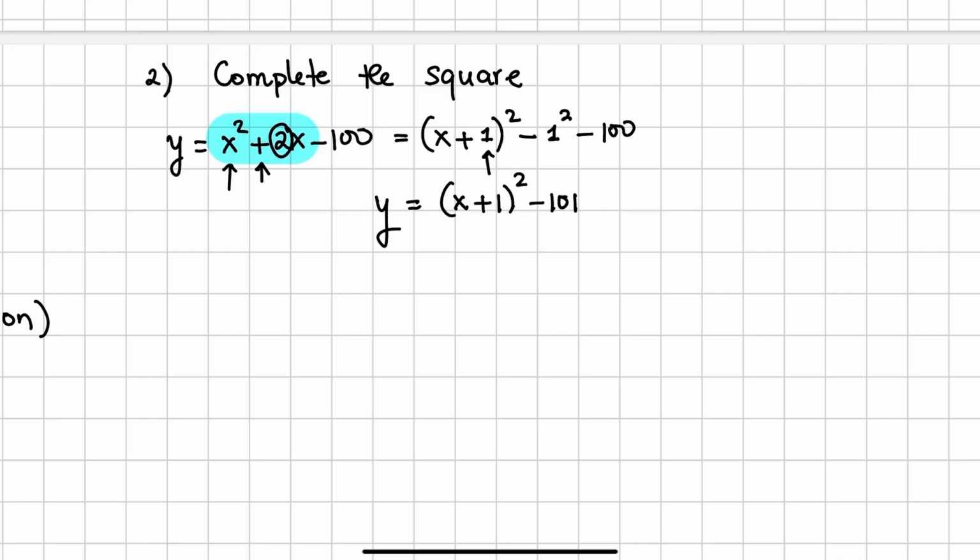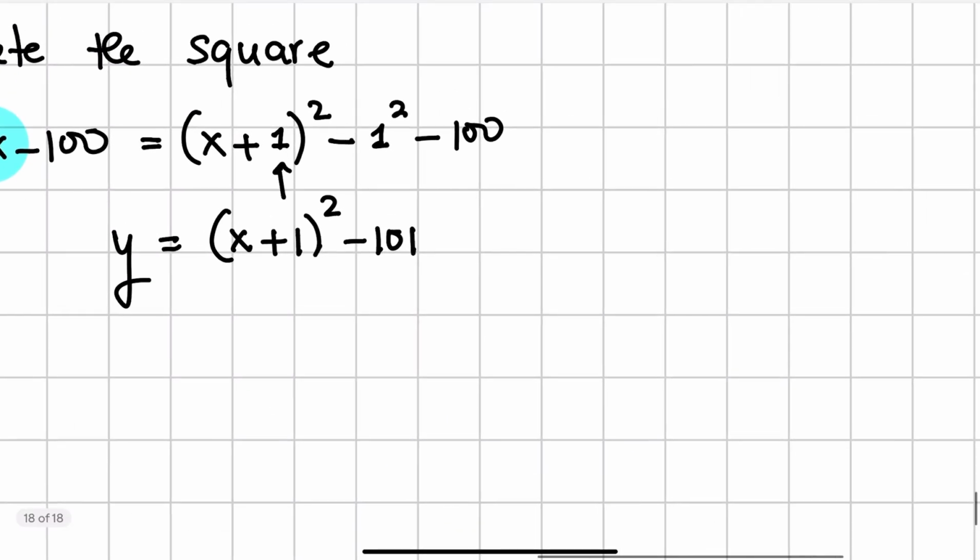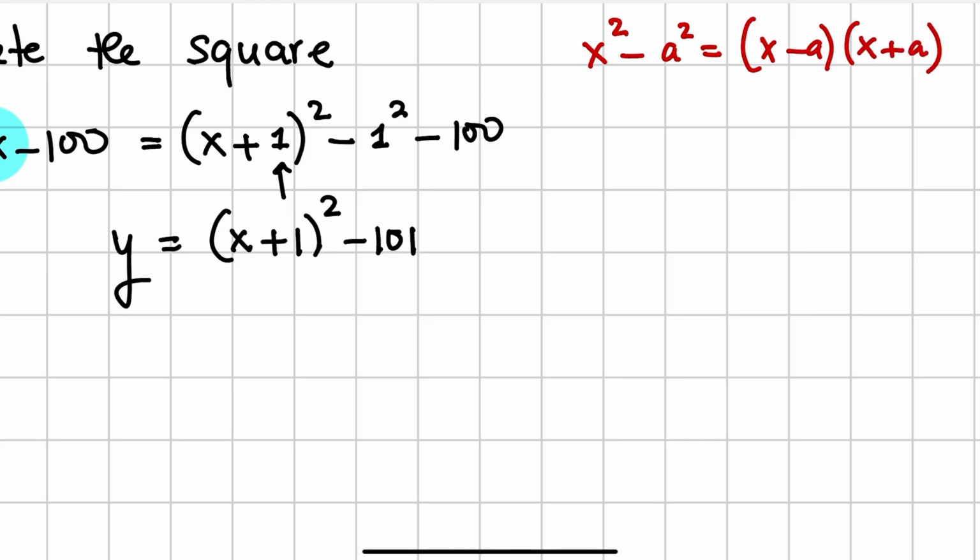Factorize it by what? As you know, x squared minus a squared equals (x minus a) times (x plus a). So here we have something squared. We can compare to this: it's like x squared, and we need a squared. So we have to make 101 into something squared. Actually, 101 is not a perfect square, but we can make it something squared, can't we?